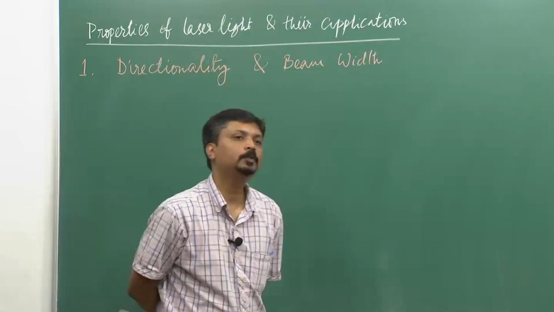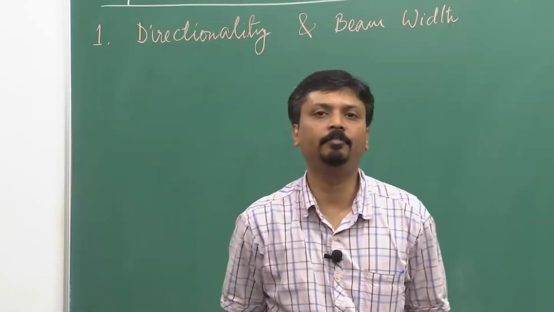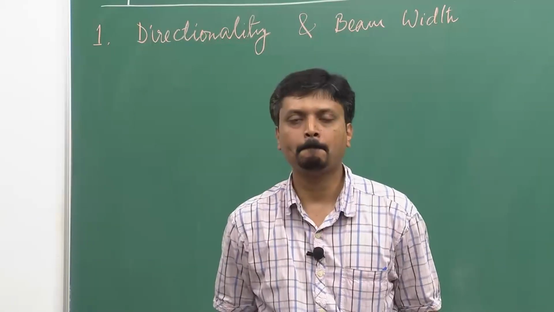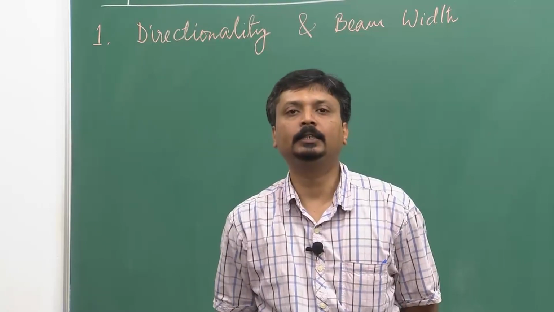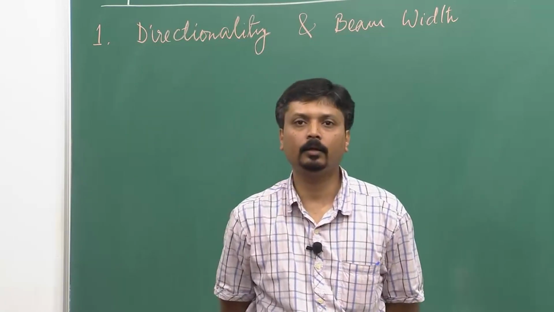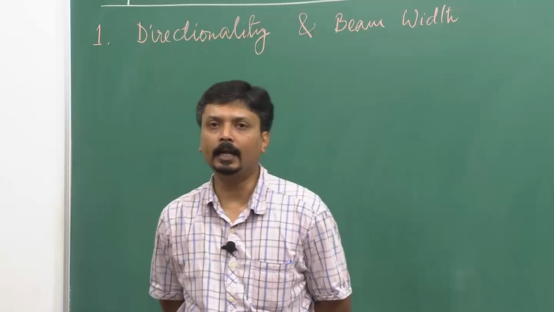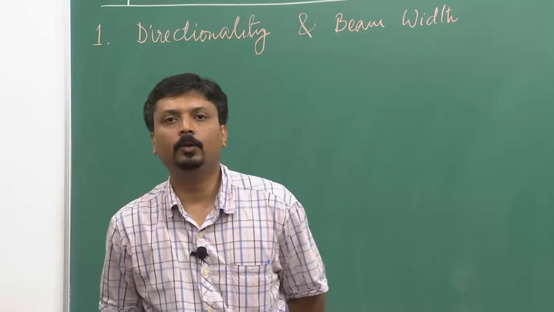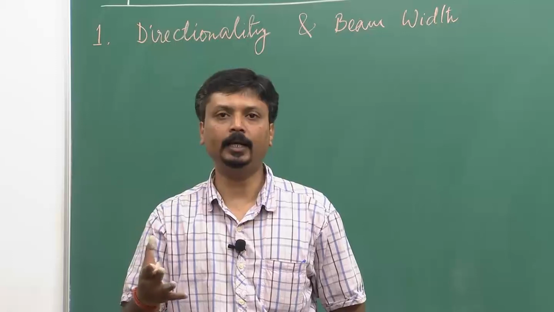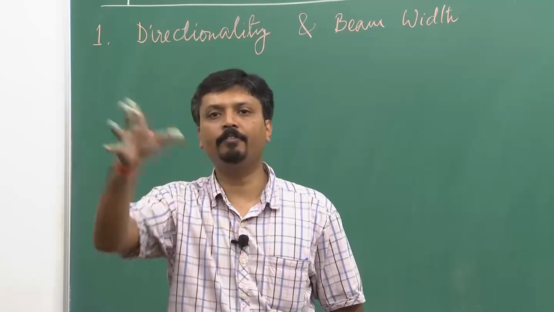In the very first class we said that laser light has a very high directionality. So, it does not spread. If you take any normal conventional light, that is isotropic in nature, so it goes in every direction.